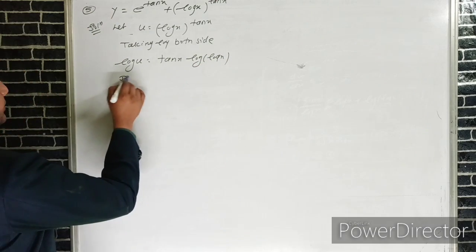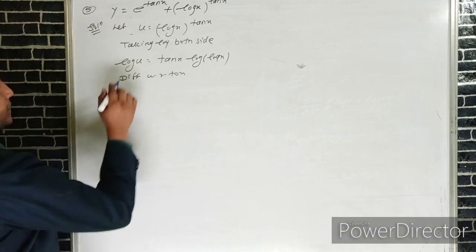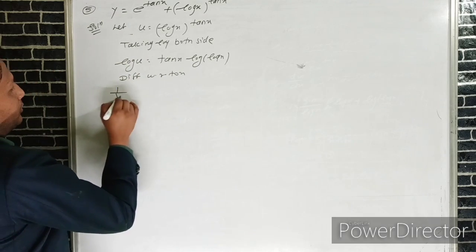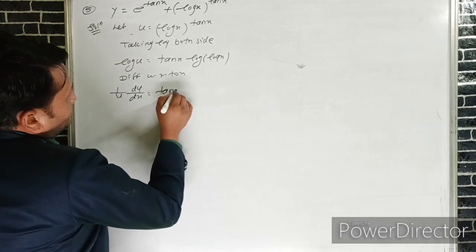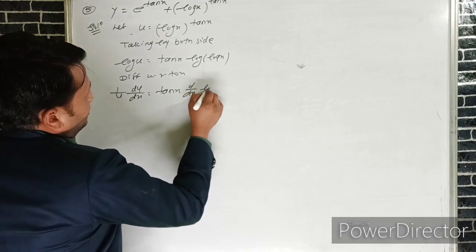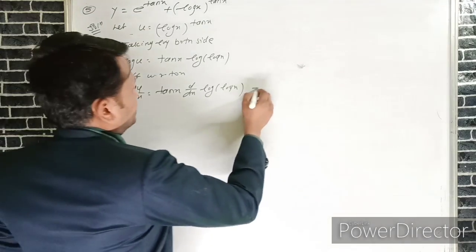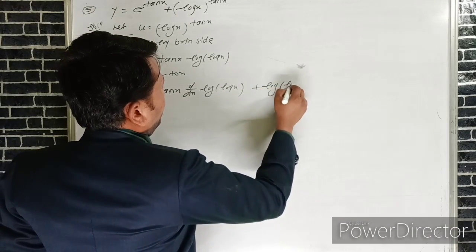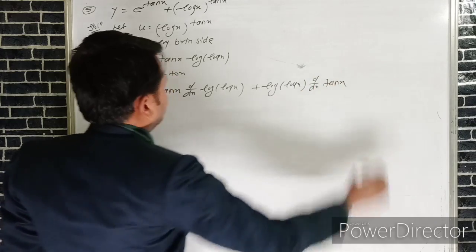Now if we differentiate the given function with respect to x, then we can write 1 upon u into du by dx is equal to tan x into derivative of log x plus log x into derivative of tan x.